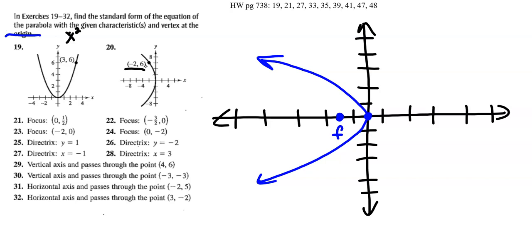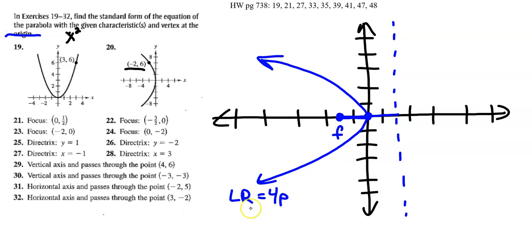There's other things I can come up with. I know that the directrix must be at +3/2. If p's value is -3/2, then I go 3/2 this way, or 1.5 this way, and boom, there's my directrix. I can also figure out my LR if I wanted to. LR, remember, is 4 times p.